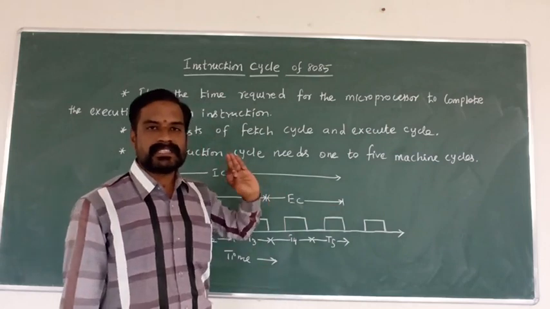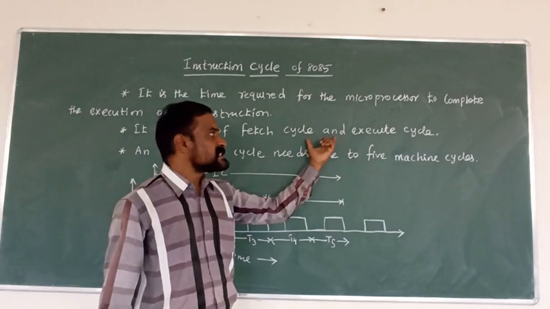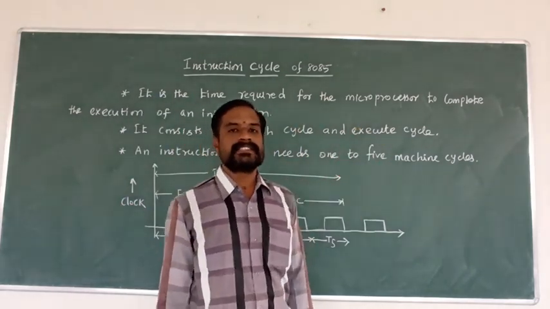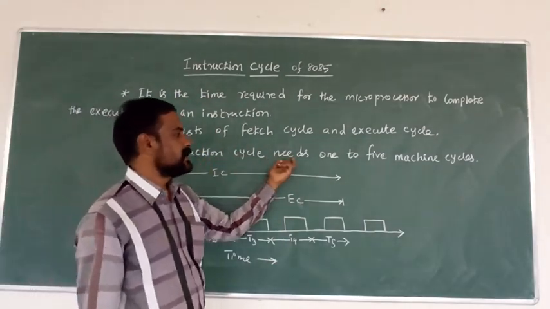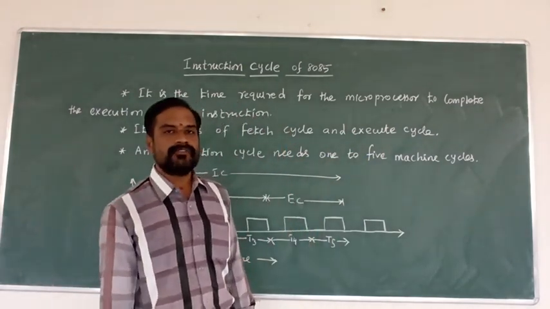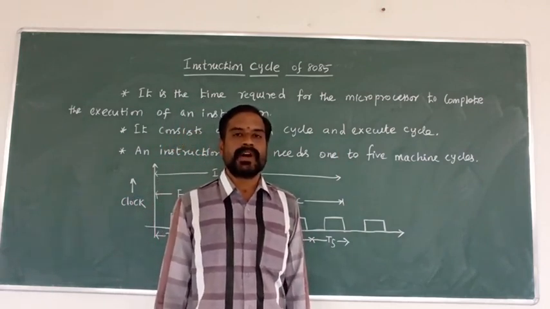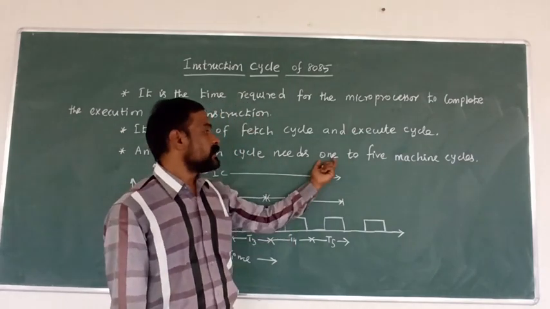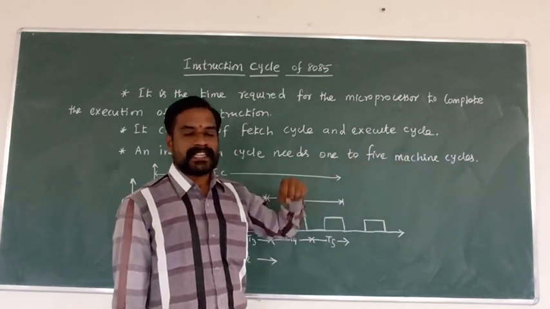To execute one instruction, there are two cycles: one is the fetch cycle and the second one is the execute cycle. The instruction cycle needs 1 to 5 machine cycles. To execute one instruction, it requires a minimum of 1 machine cycle and a maximum of 5 machine cycles.